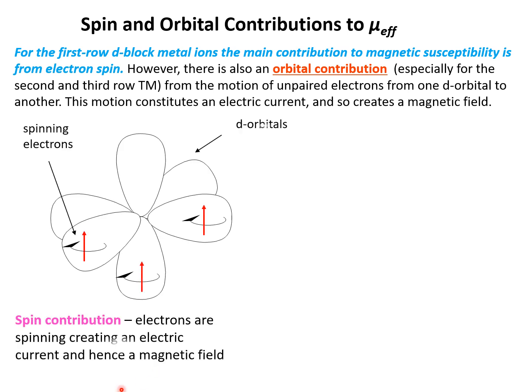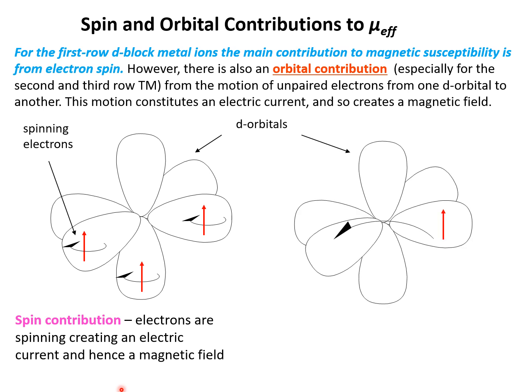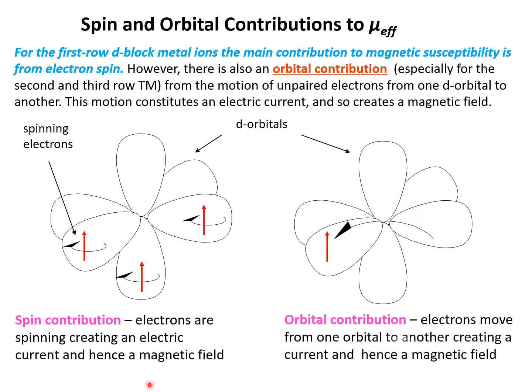Then the next one: spin and spin-orbital contribution to μ effective. So here the electrons are spinning, creating an electric current and hence a magnetic field. Then the orbital contribution also we have to take into account. Electrons move from one orbital to another, creating a current and hence a magnetic field.